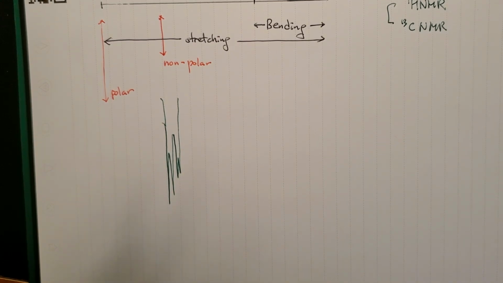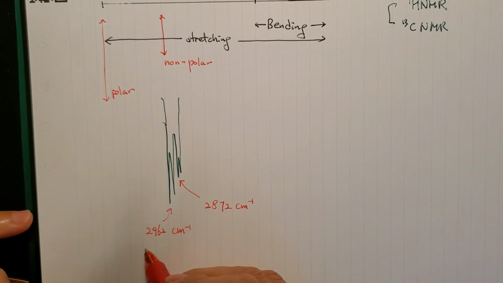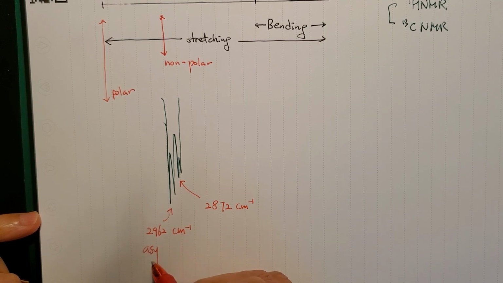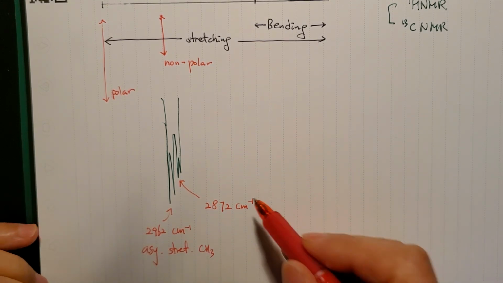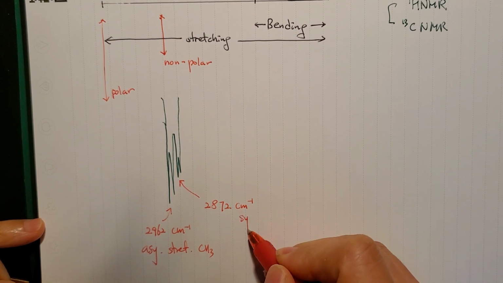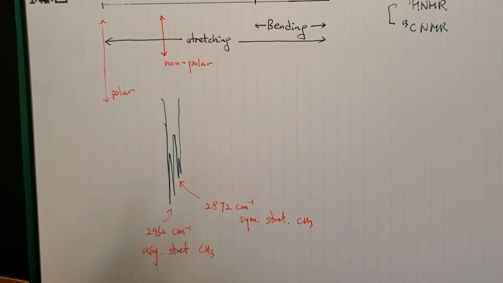So this is the typical zoom in of the SP3 CHs. And these two peaks at upper 2900, upper 2800, those are from the methyl groups. This is the asymmetric stretching of methyl group. This one, upper 2800, is usually the symmetric stretching peak of methyl group.